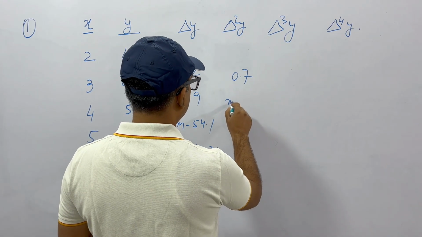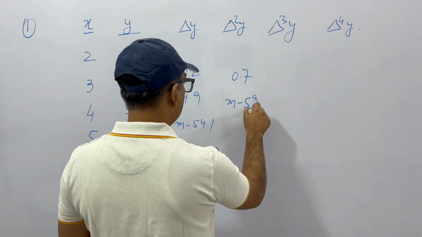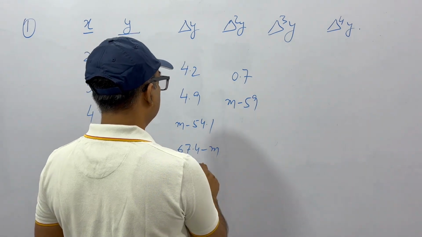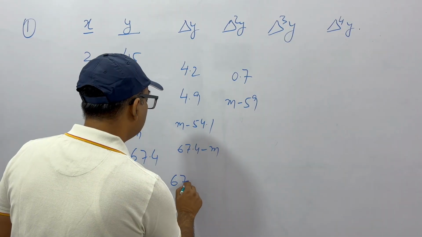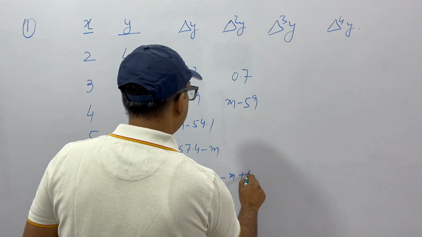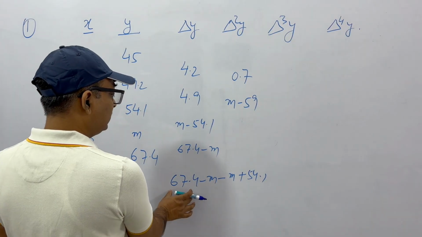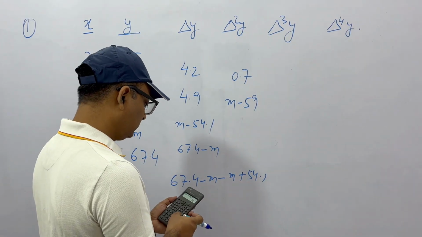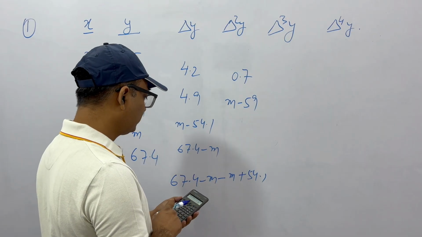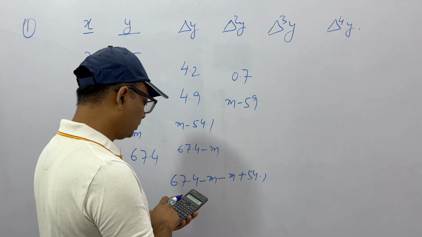So what do we get? We get m minus 59. This is this minus this. What is this? 67.4 minus m plus 54.1. So this is this plus this. Let's do 67.4 plus 54.1.